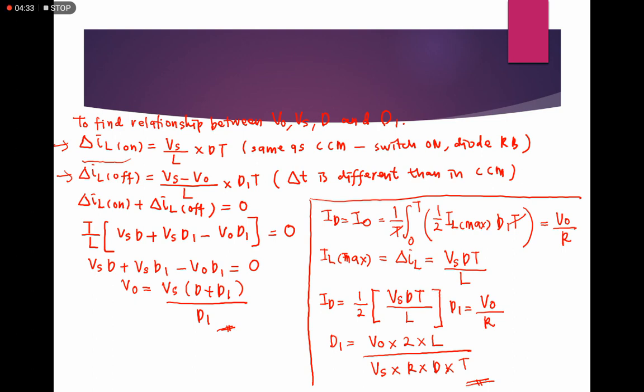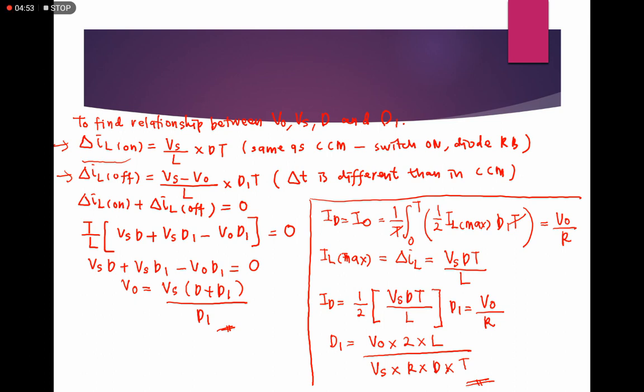For the delta IL equation when your switch is off, which is when your diode becomes forward biased, it equals Vs minus V0 over L multiplied by delta T, where delta T equals D1T.